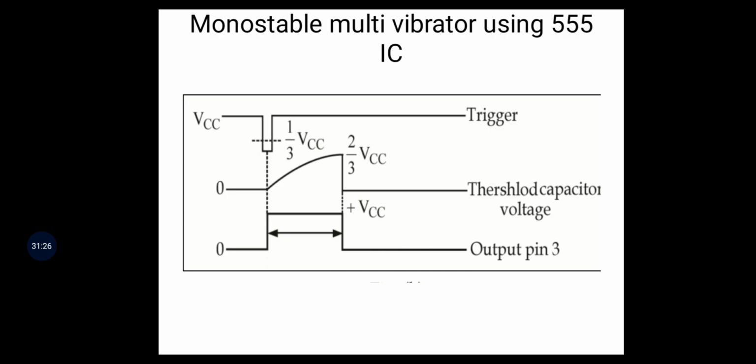When the negative triggering pulse is applied, the stable state goes to the quasi-stable state, and this unstable state is retained for a certain amount of time and it goes again to the stable state. So there is one stable state and one quasi-stable state.